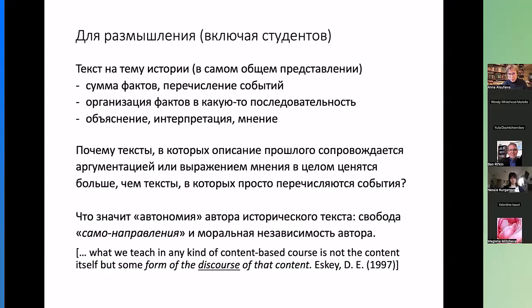Мы должны понимать, что даже сам выбор фактов, их организация, не говоря уже о мнении, всегда будет отражать какую-то позицию автора. О чем-то будет сказано, о чем-то будет умалчиваться. Интересно также подумать, почему тексты, в которых описание прошлого сопровождается аргументацией или выражением мнения, в целом ценятся больше, чем тексты, в которых мы просто перечисляли бы события.